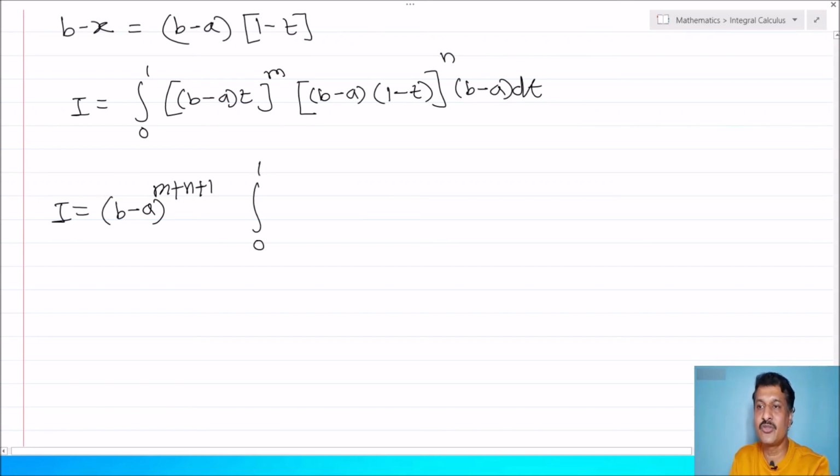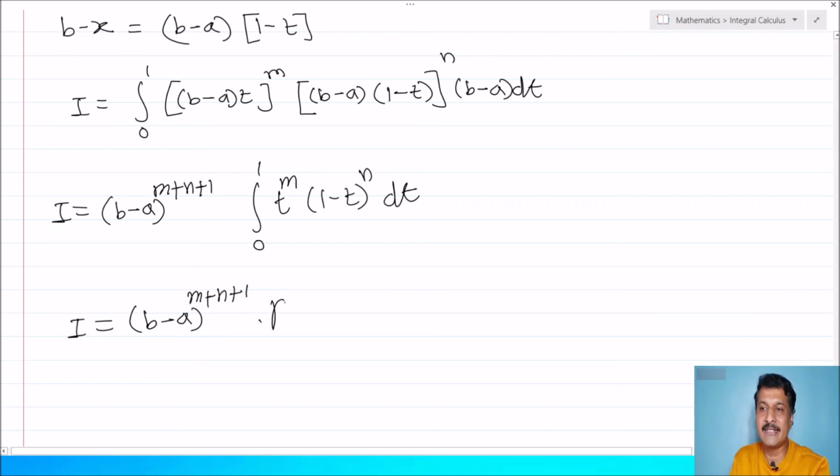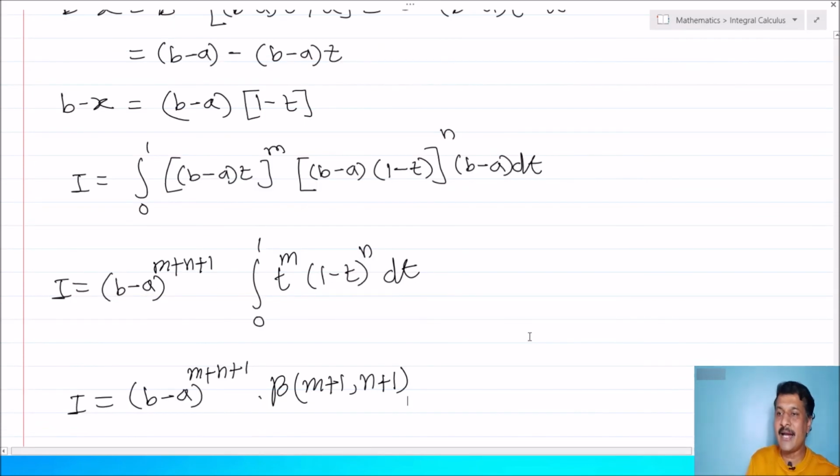Integration 0 to 1, here t raised to m and here (1 minus t) raised to n dt. So by definition of beta function, I am getting here this (b minus a) raised to m plus n plus 1 as it is, and here it will be beta(m plus 1, n plus 1). So what is the I here?